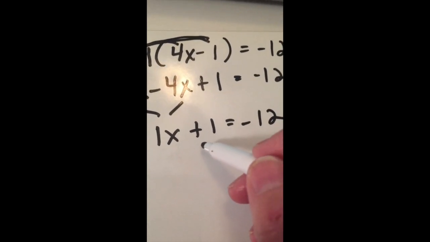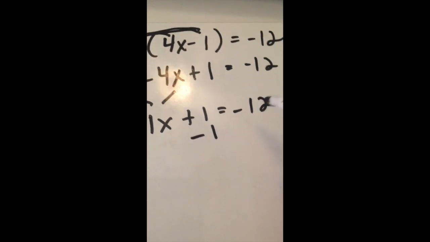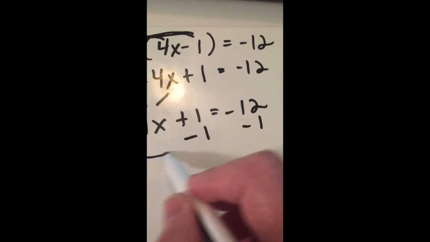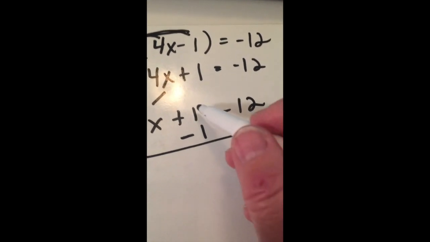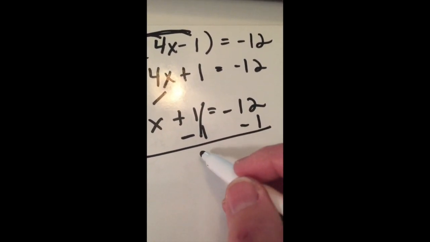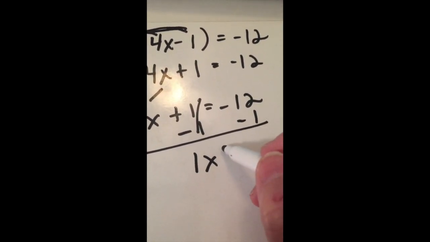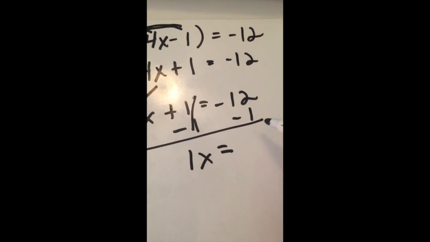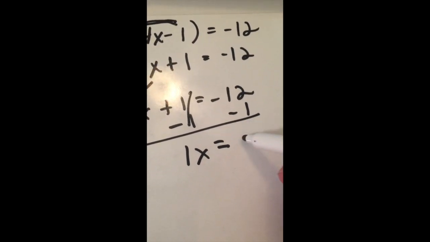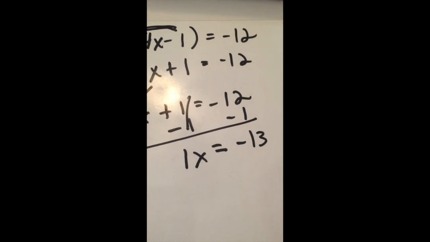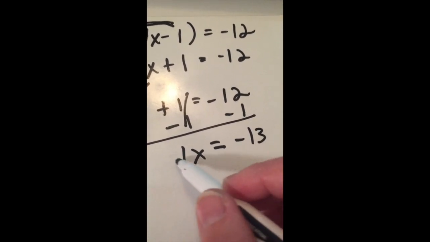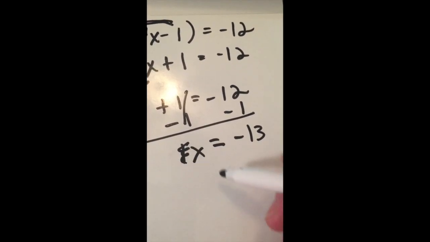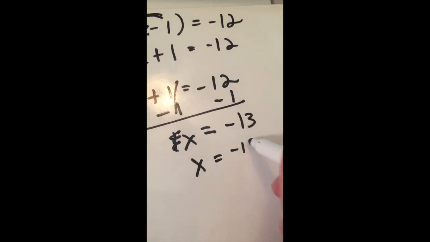So we have plus 1, so opposite of that is minus 1. We're going to subtract 1 from both sides. That cancels. We're going to bring down our 1x, bring down our equal sign. Negative 12 minus 1 is negative 13. So the 1 just goes away, so it's x equals negative 13.